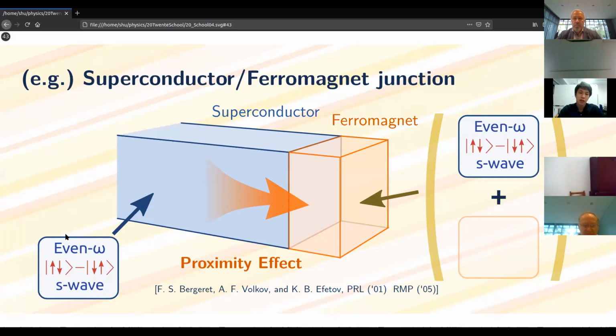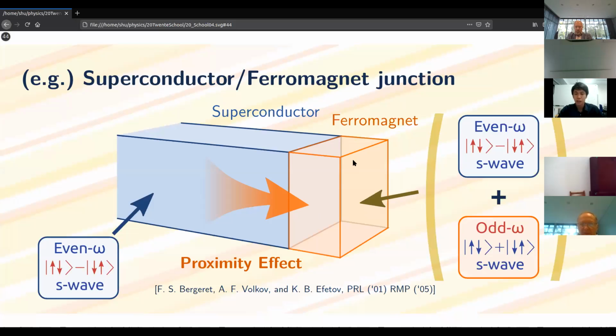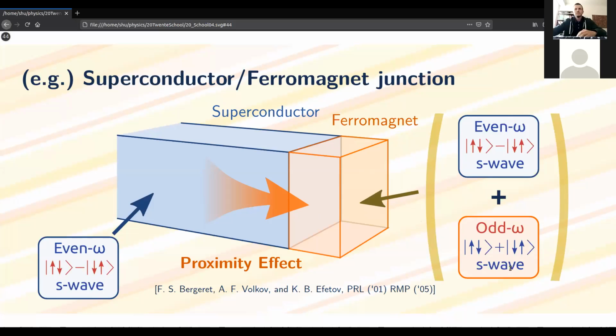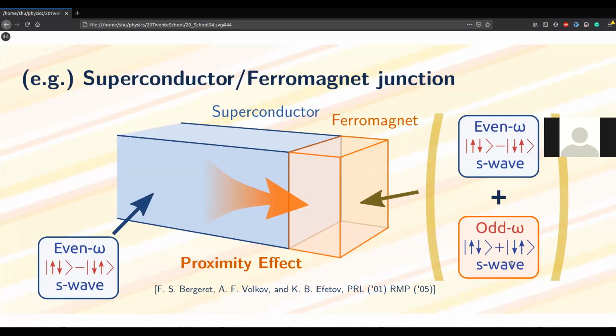The spin singlet S-wave Cooper pair can penetrate into the ferromagnet. However, there is a magnetization in the ferromagnet, which breaks the spin rotational symmetry, which means that the pair function in the ferromagnet can be written as a superposition of the spin singlet S-wave and the spin triplet S-wave Cooper pairs.